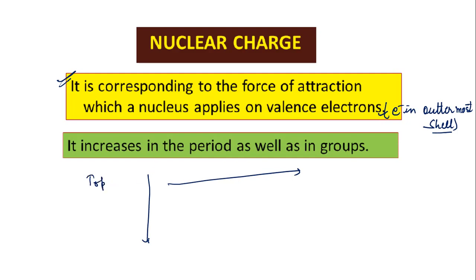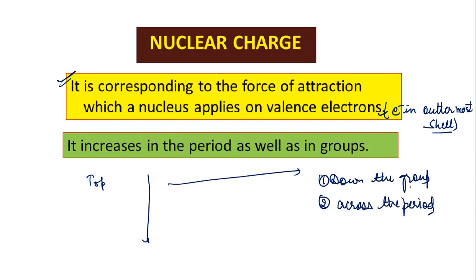Top to bottom means down a group, and left to right means across a period. In both cases, it increases.